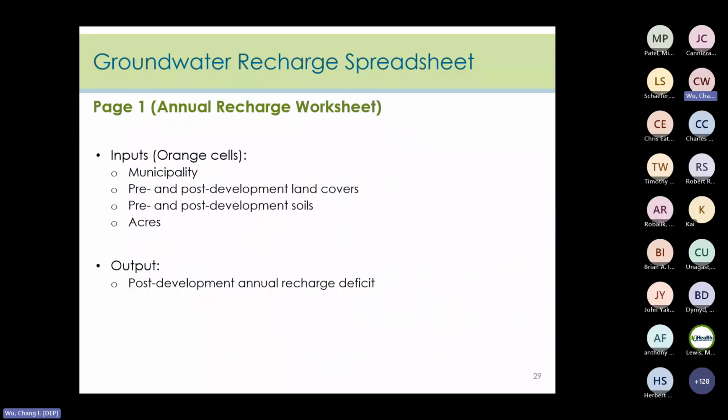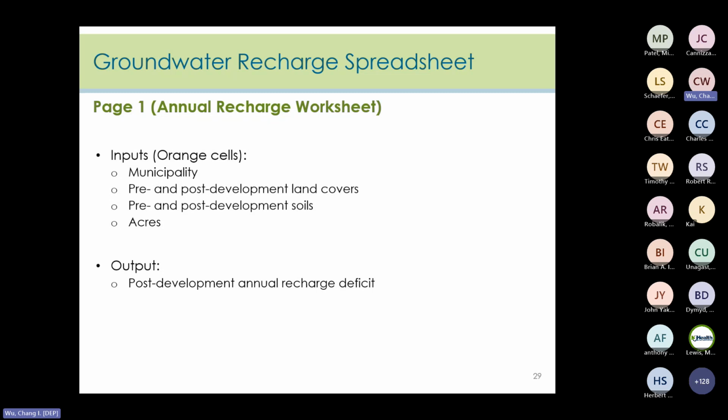So on page 1, there is an input for the municipality, and for the pre and post development land cover, soil and acres. So it's important to make sure that the municipality is where the project is located.